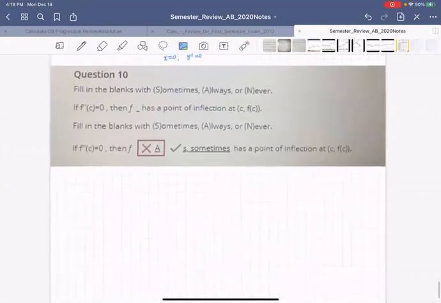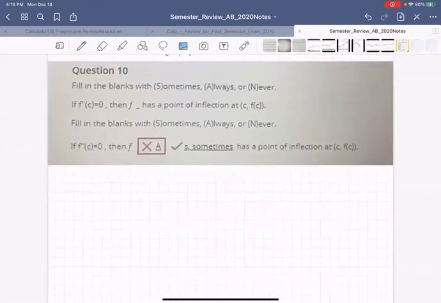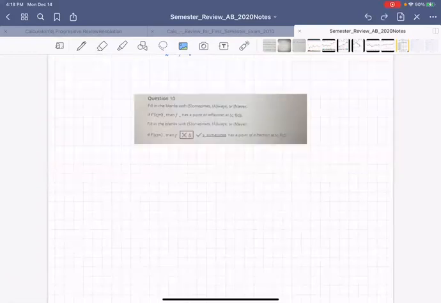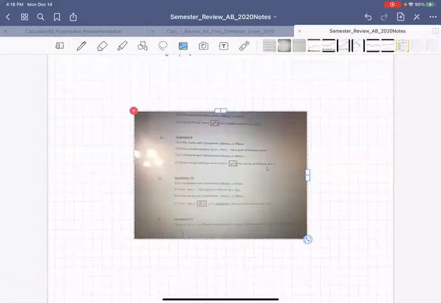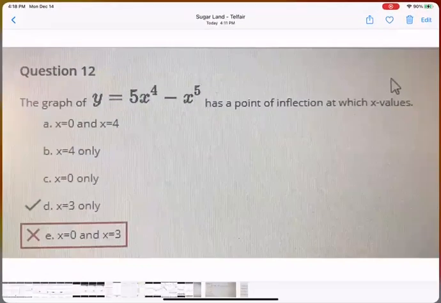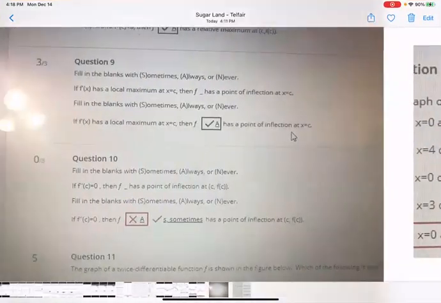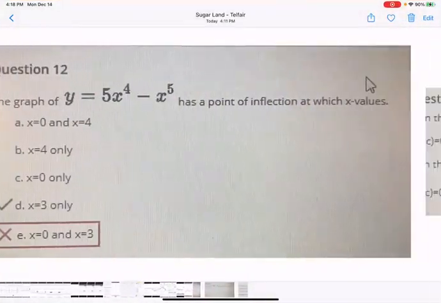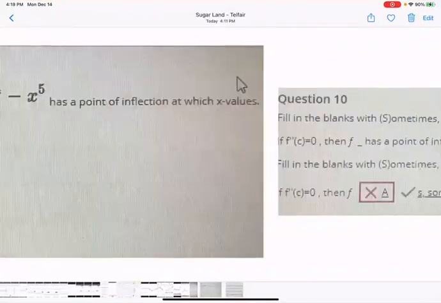Yeah. Let's see here. You printed the same one. Hold on. That's not the one. Yeah, that one. Nope.